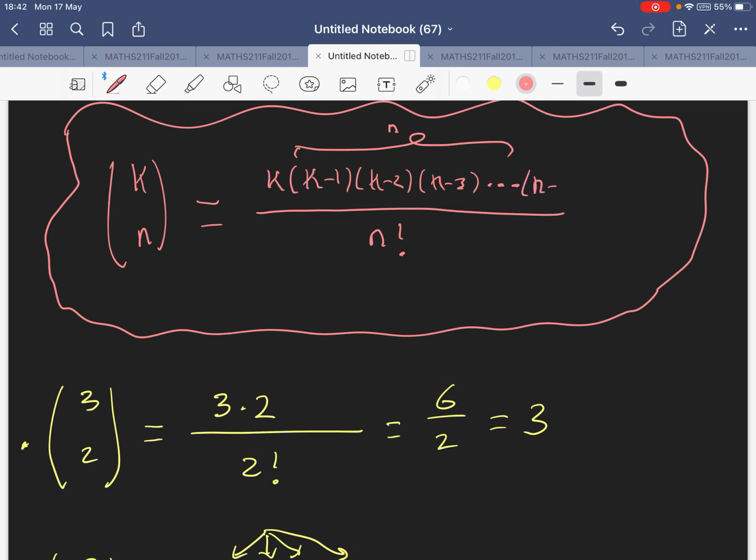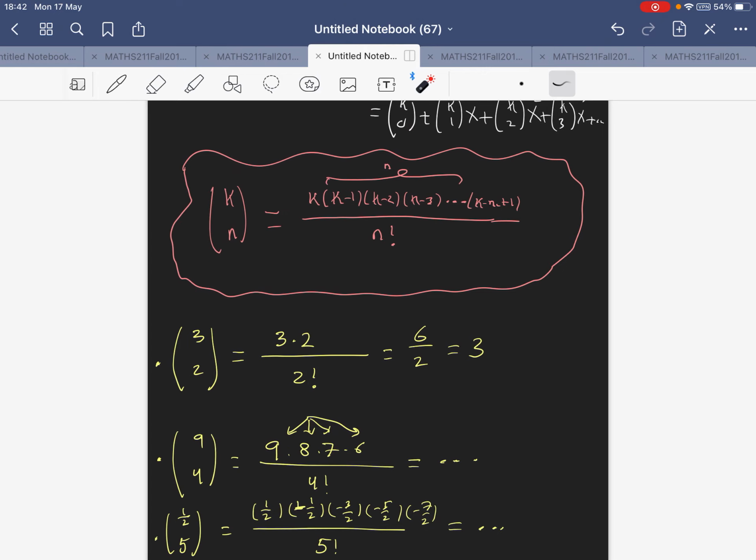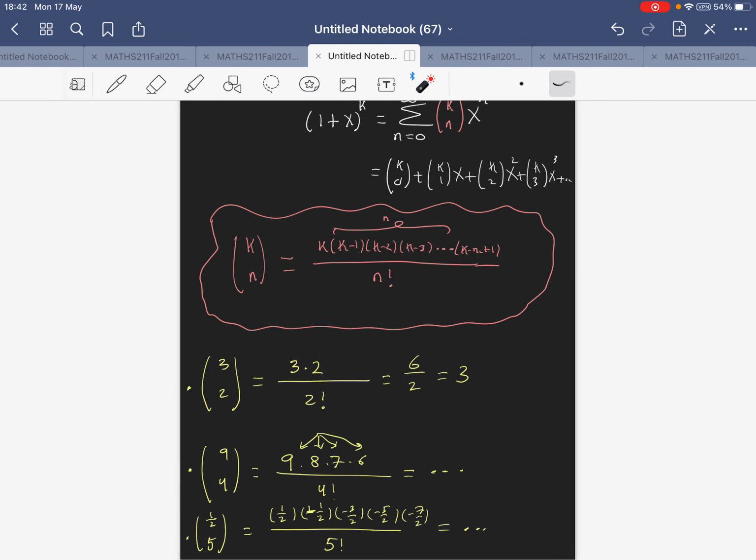So the last one will be k minus n plus 1, because the numbers subtracted go 0, 1, 2, 3 up to n minus 1, which gives n terms. Let us go and see that in action. Of course, if we have k choose 0, by default this is 1.